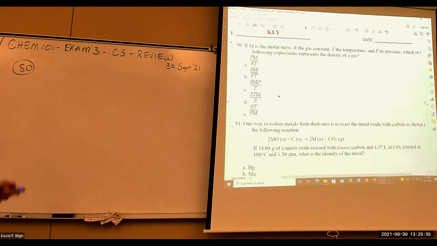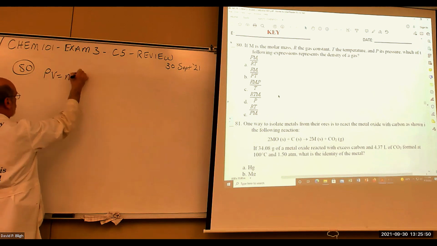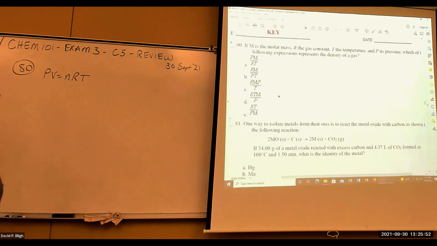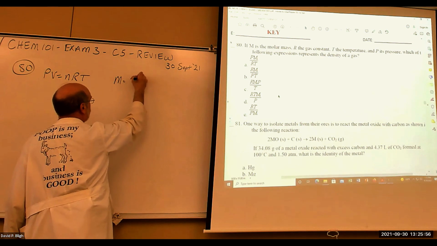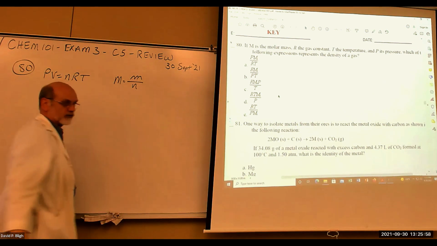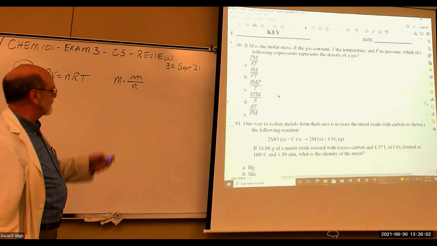Okay, so what can we get out of these things? Well, RTP sounds to me like the ideal gas equation. We can use that. PV equals nRT. Molar mass, what is that equal to? Molar mass is equal to mass per mole, correct? We're also talking about density.